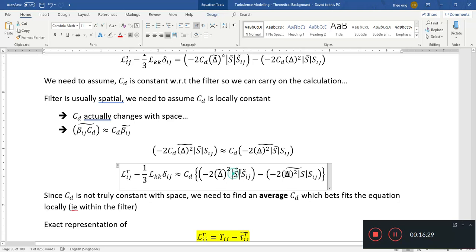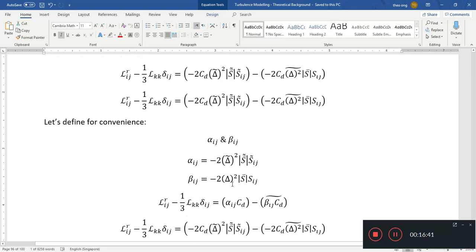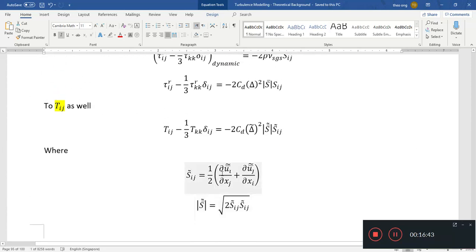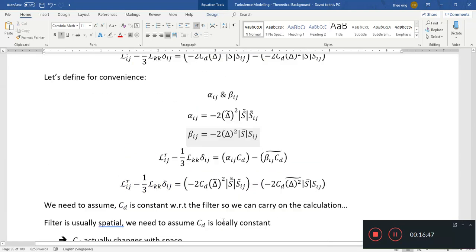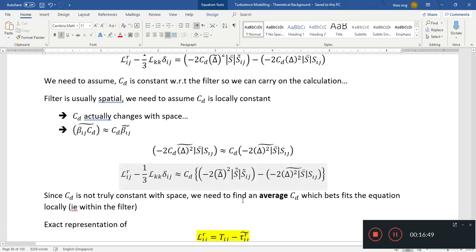We will for sure know this because this is our filtered rate of strain, and so is this. These are all based on the resolved velocities. This is something we can calculate with Navier-Stokes, and it will be fitted here. So all these terms here, alpha and beta, are known.